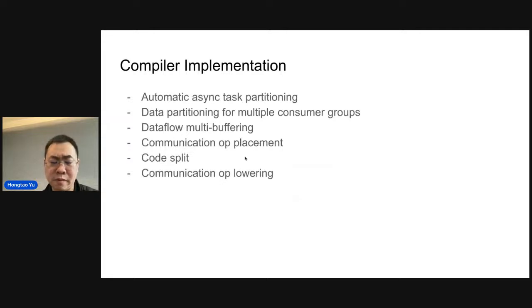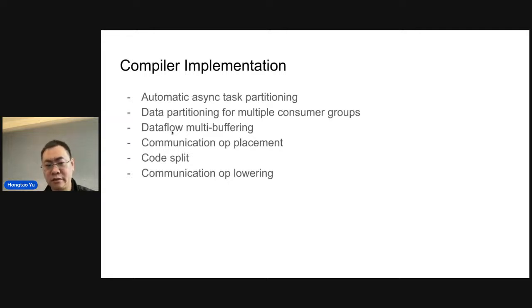Our implementation in the compiler has multiple passes, and we started from an automatic task partitioner that can identify some heavy computation ops and partition the program into different regions conceptually. On top of that, we are doing the data partition for the same code region. If we really want multiple tasks to run that, we need to figure out which part of the data they are going to work on.